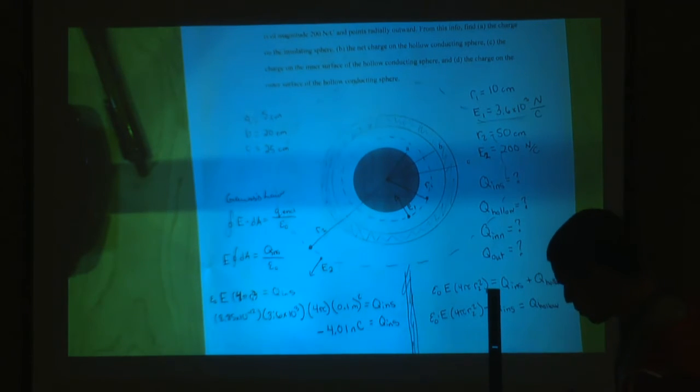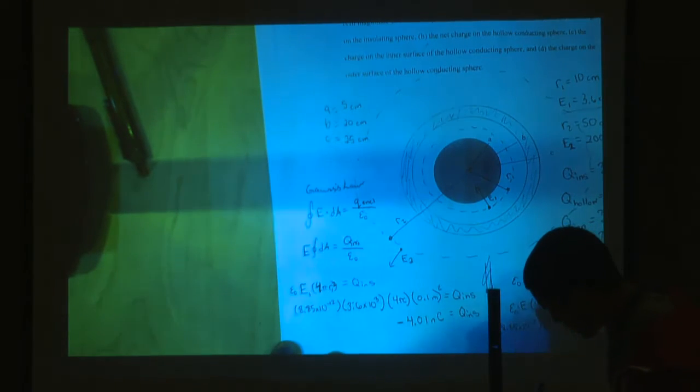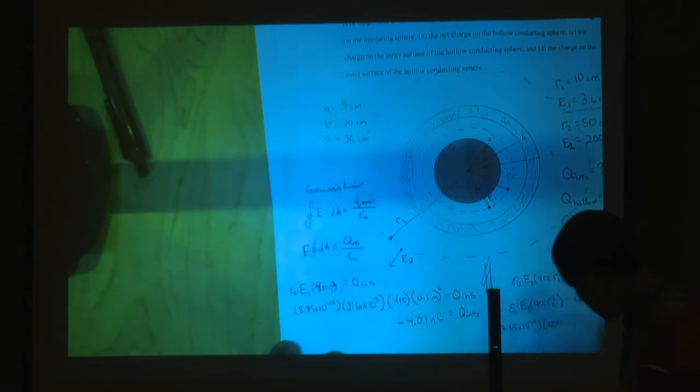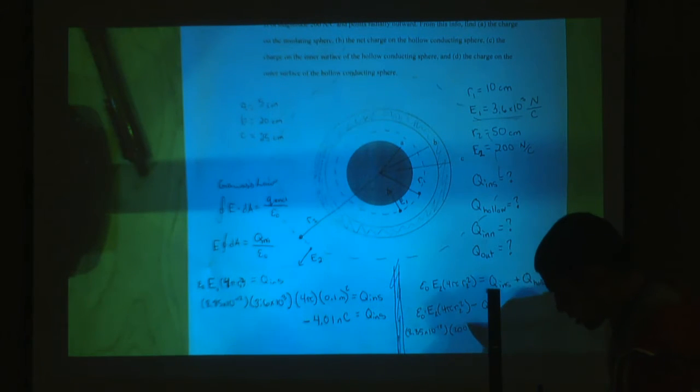And if we were to plug in our variables, again, we'll have 8.85 times 10 to the negative 12, times electric field, which is now 200. Let me be consistent with my variables here. So E2. Okay? So let's not forget our indices. Indices are really helpful for long calculations.